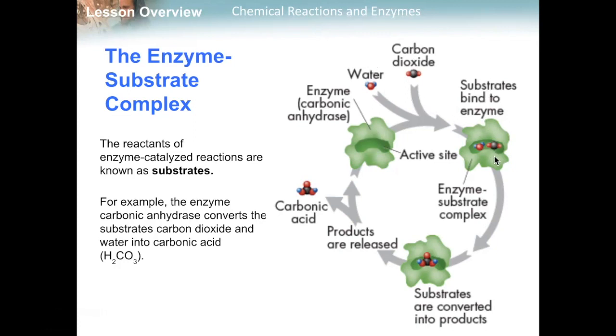The substrate combines the two and releases carbonic acid. And then it's free, and this activation site is free once it releases to repeat the process. It happens quickly in the bloodstream when carbon dioxide is produced. Then this carbonic acid is sent to the lungs to release with another enzyme to be broken apart and then released and exhaled.